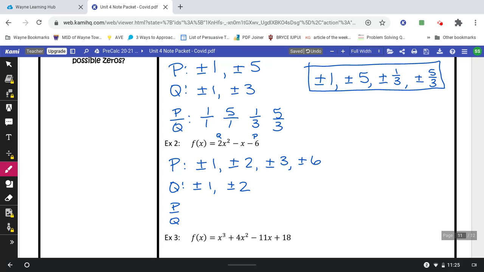We write our possible list of p's over q's, all of the list of p divided by the first q, and then all the list of p divided by your second q. So it's going to look like this: 1 over 1, 2 over 1, 3 over 1, and 6 over 1. Then I do that same thing, but with the second q, the 2. 1 over 2, 2 over 2, 3 over 2, and 6 over 2.